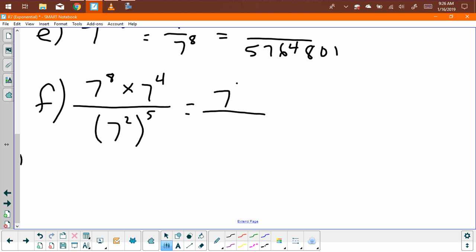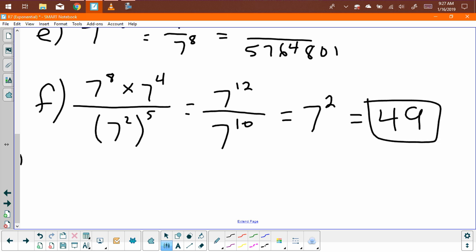So I would get 7 to the power of 12. On the bottom, I have power to a power, so I multiply. 2 times 5 is 10. Okay, and now my fraction bar means divide. So if I divide 7 to the 12 by 7 to the 10, I am going to subtract the exponents. So I would get 7 squared. And if I want to evaluate that, 7 times 7 is 49. And that's my final answer. Okay. So that's kind of the level at which we'll be doing exponent laws.